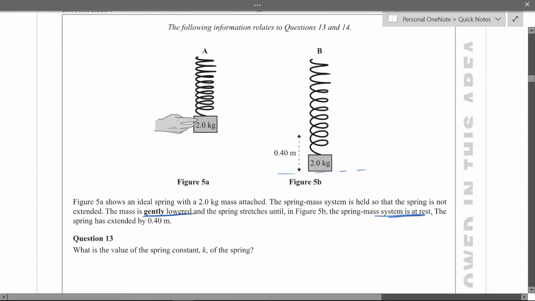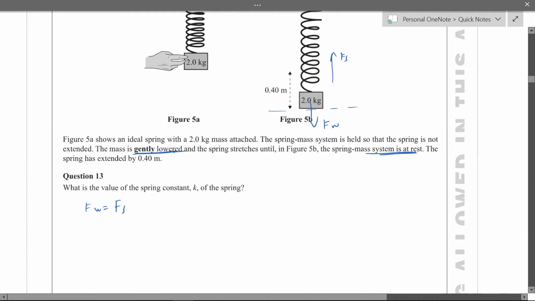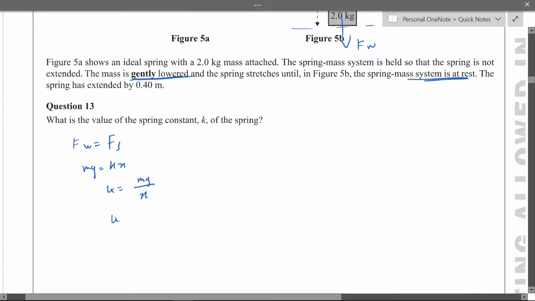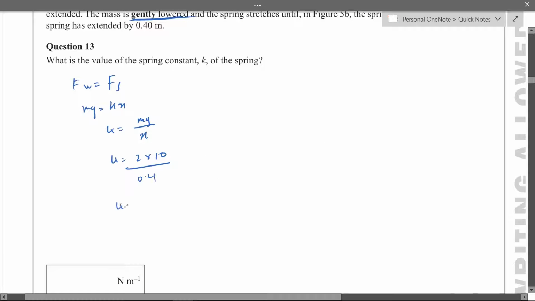To find k, we just have to equate the weight force to the spring force. So mg equals kx, so k is just mg on x. m is 2, g is 10, and x is from here 0.4. So we get k is 50.